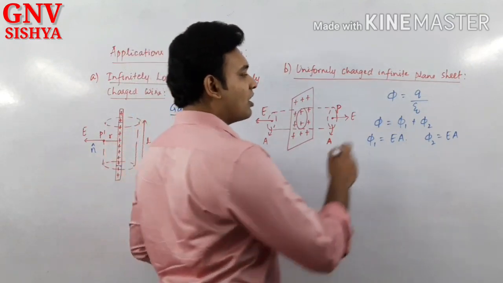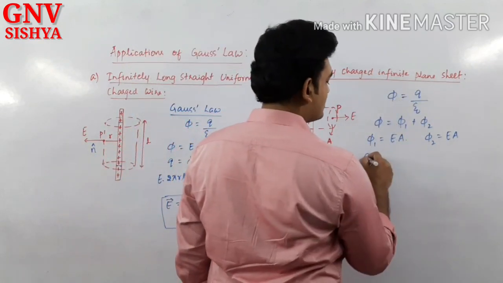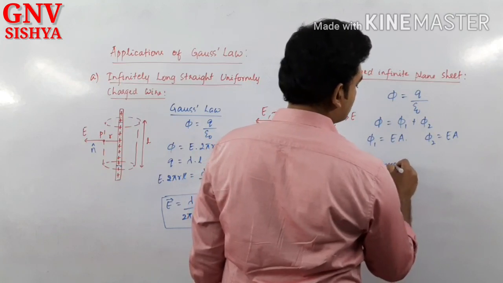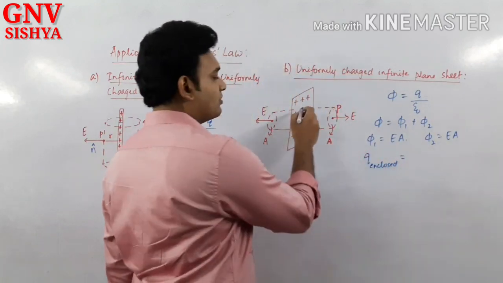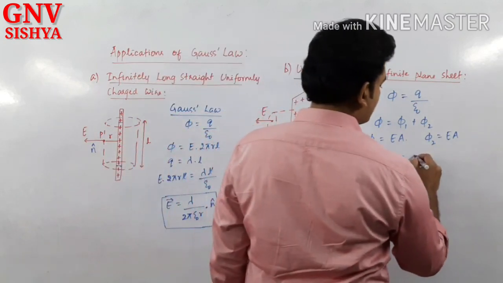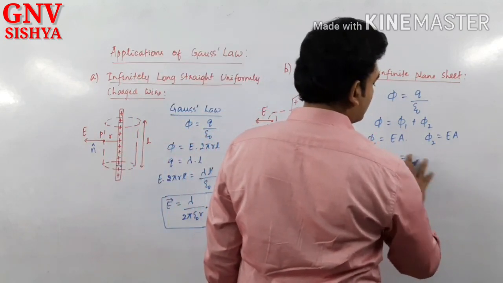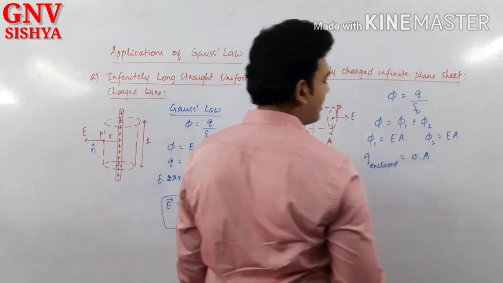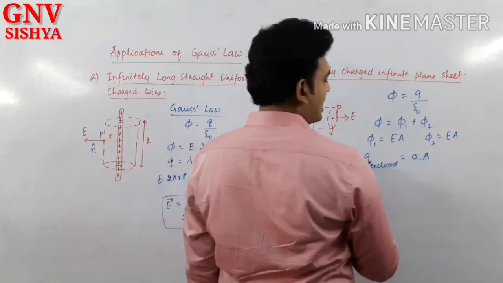According to Gauss's law we have to find the charge enclosed, correct? So the charge enclosed will be nothing but the charge in this region. We can take surface charge density sigma multiplied by the area, sigma into area A, right? So this is the charge enclosed.